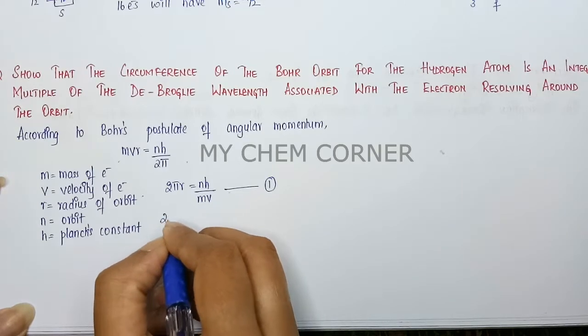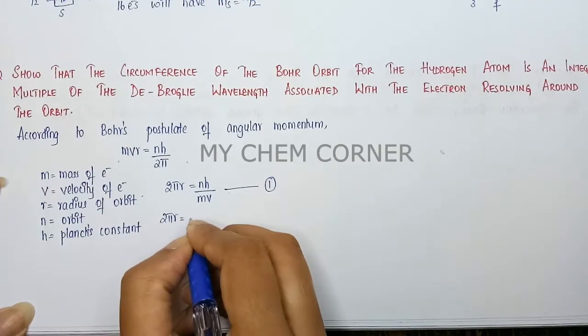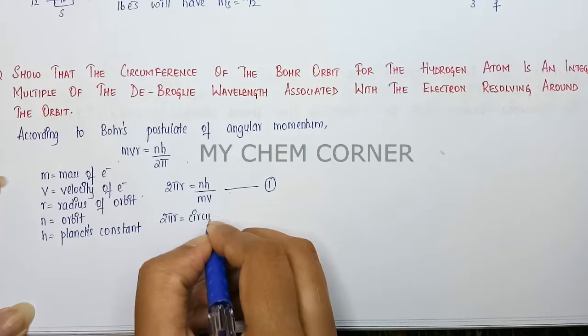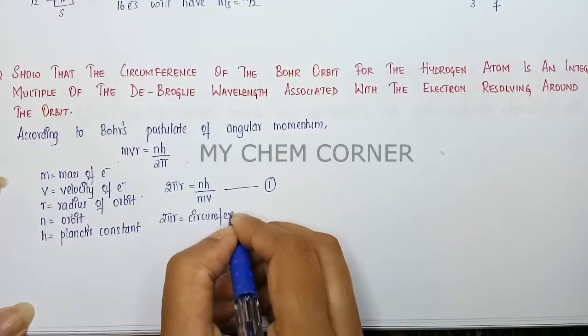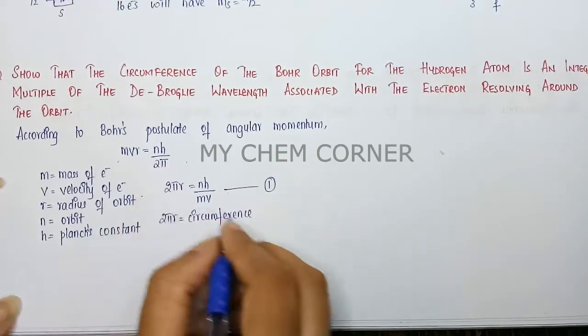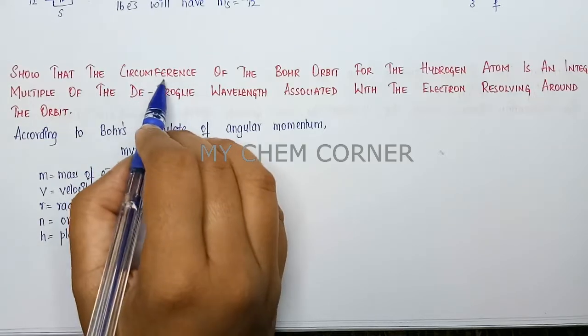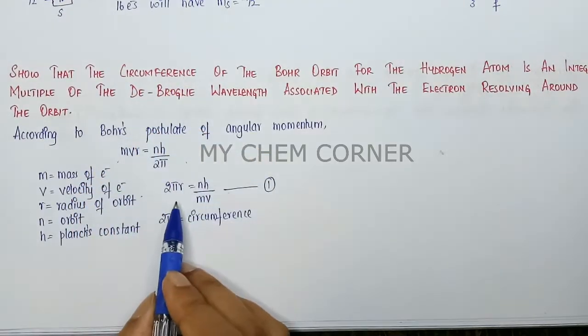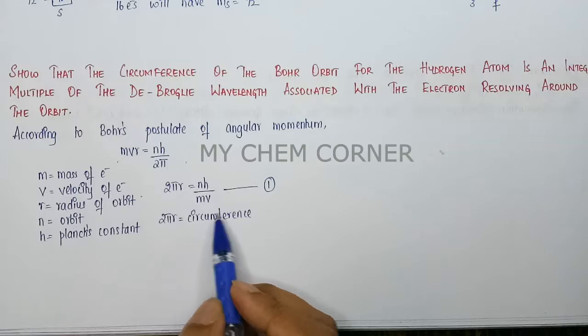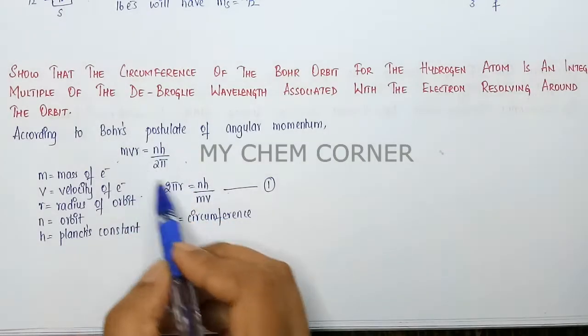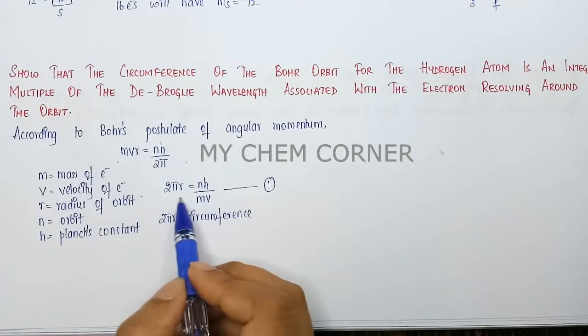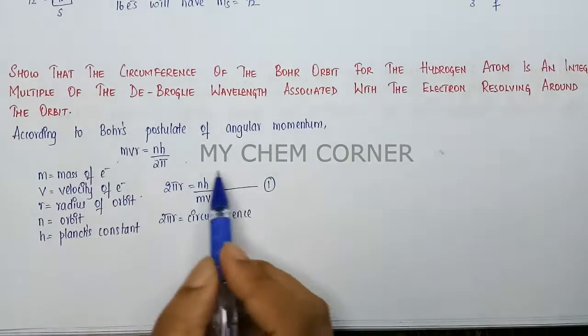So I can say that 2 pi r over here is the formula of circumference. That's why I have interchanged the entire formula, because in the question it's clearly told you have to check the circumference of the Bohr's orbit. So I rearranged the formula in such a way I got the circumference here. Okay, so that is for circumference.